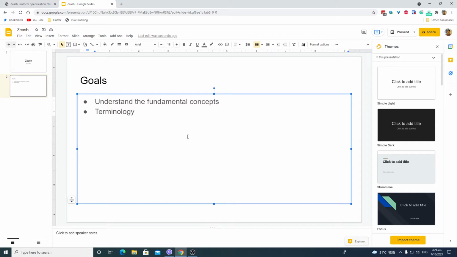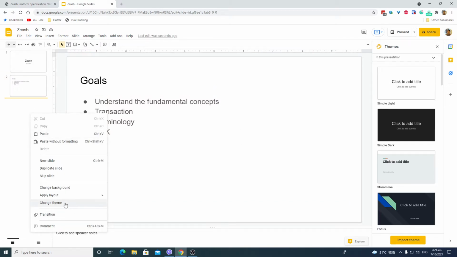All this stuff we should know. Before that, we should know about transactions, and I think terminology would be good enough. And then we can take a look at how to use the SDK for making transactions and stuff. Okay, so let's go with the first thing, the fundamental concepts.